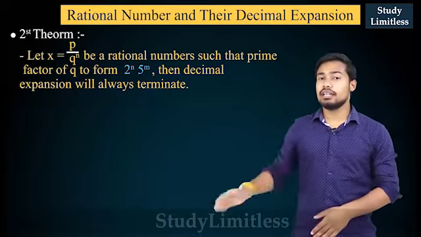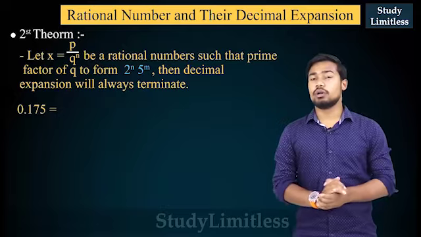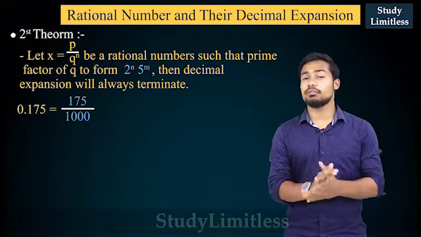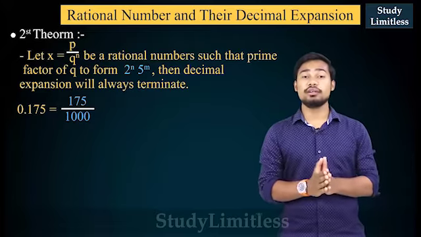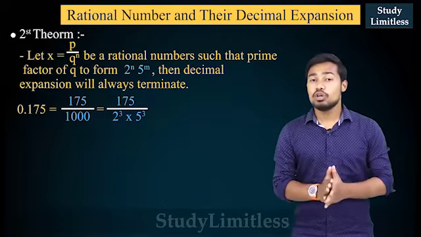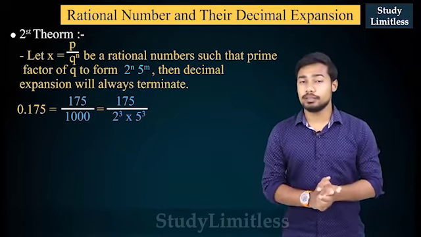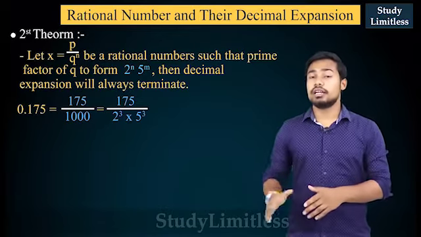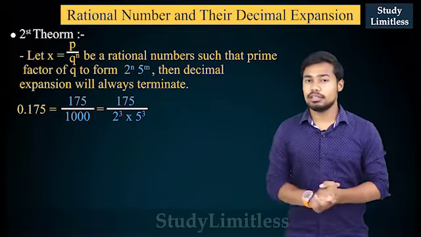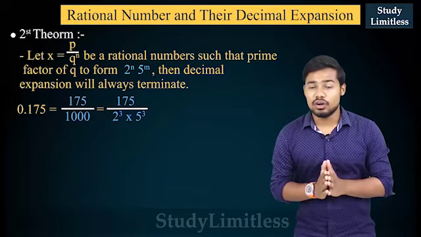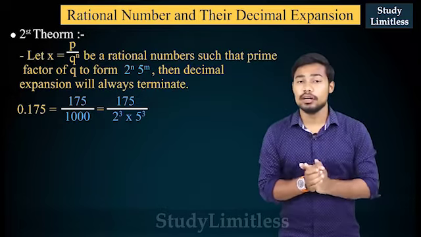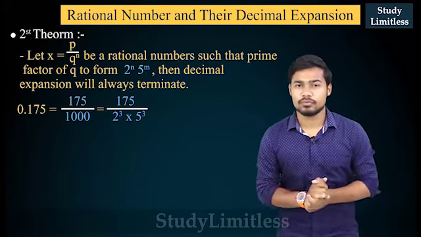That means if I take the example of 0.175, 0.175 can be written as 175 upon 1000. It can also be written as 175 upon 2 to the power 3 into 5 to the power 3. That means we have seen that if the decimal expansion terminates, then the prime factorization of the denominator will always be of the form 2 to the power n into 5 to the power m, and vice versa.